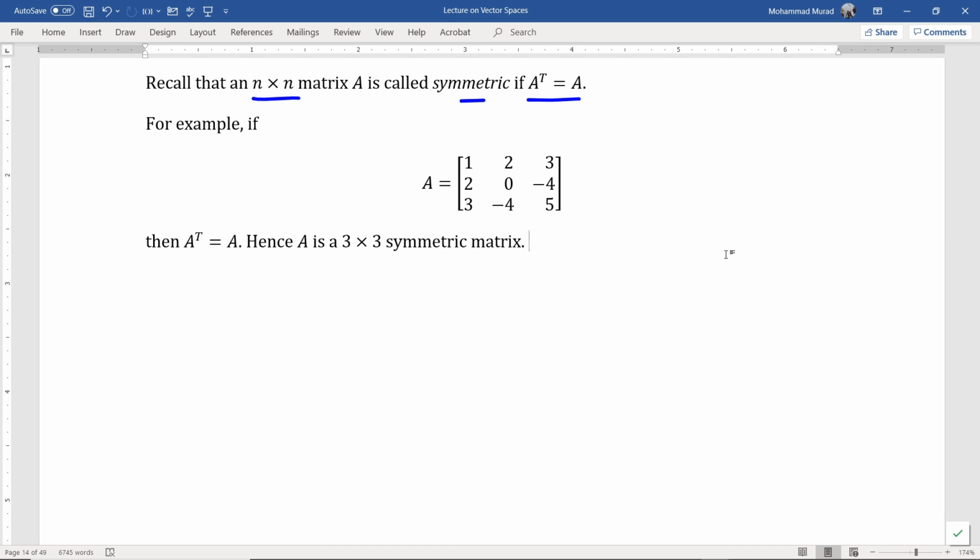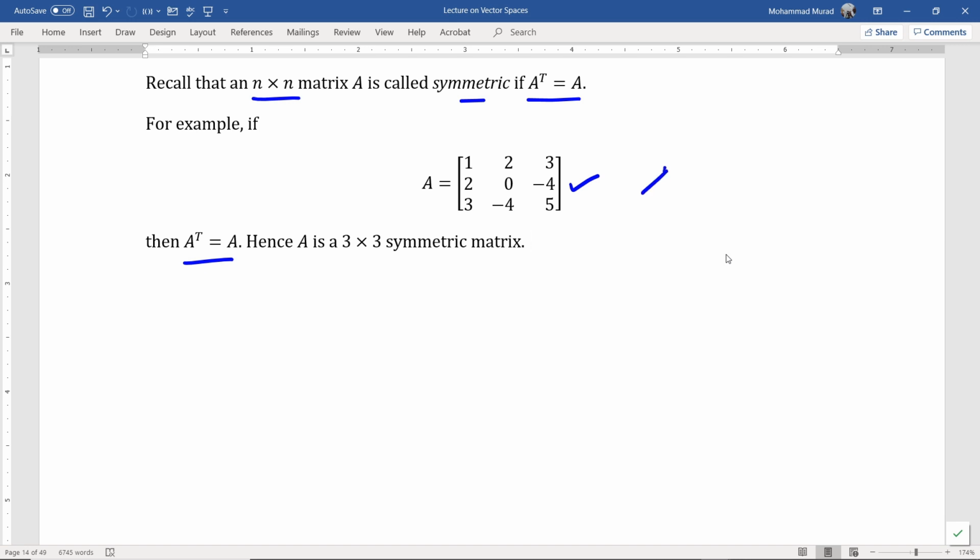For example, if A is this matrix, then we can simply show the transpose of A is equal to A. Hence, A is a 3 by 3 symmetric matrix. Recall that a transpose of A is simply obtained by transposing the rows of the matrix A into its columns.